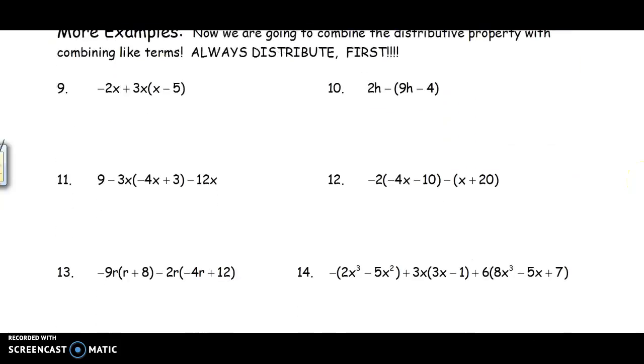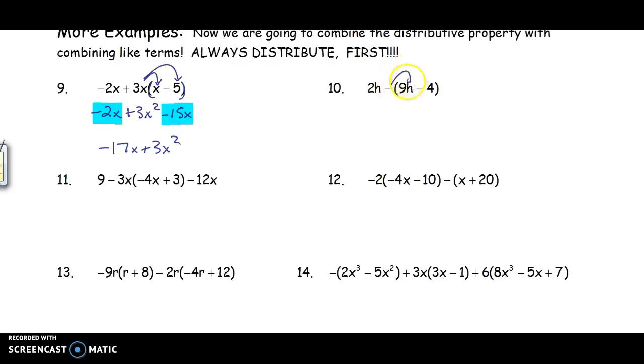Now we're going to combine the distributive property with combining like terms. Always distribute first. Anytime you have a number attached to parentheses, distribute. So bring down your negative 2x plus 3x squared minus 15x. Now go ahead and look for your like terms. Negative 2x and negative 15x are like terms, and then you bring down your 3x squared.